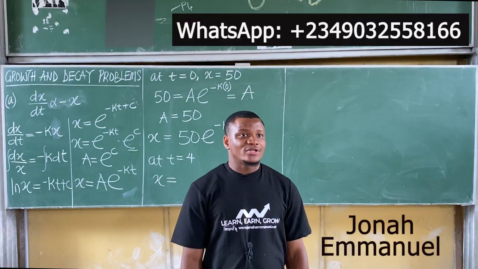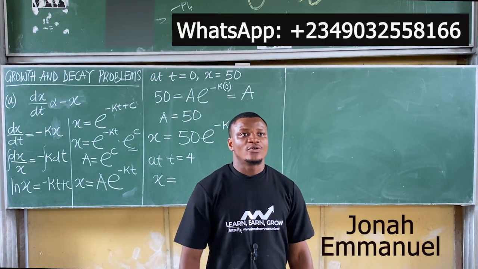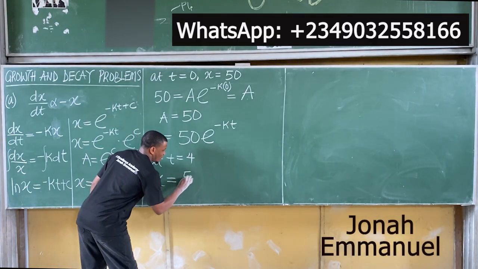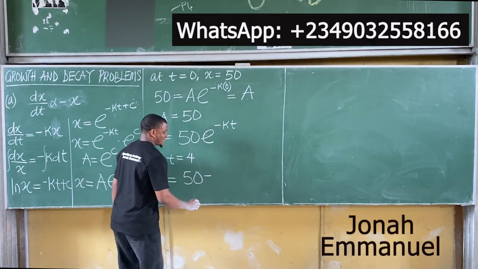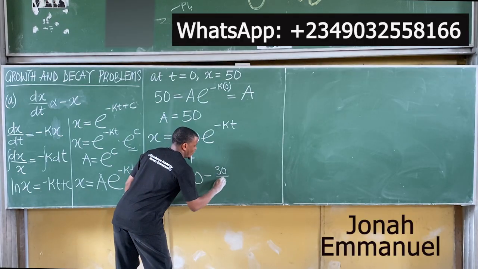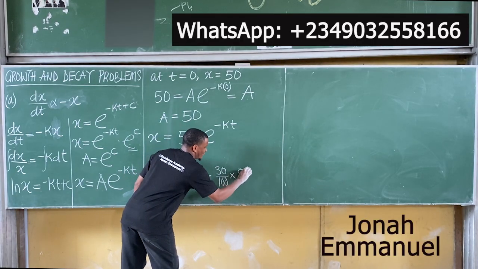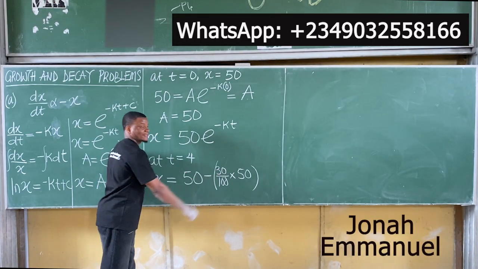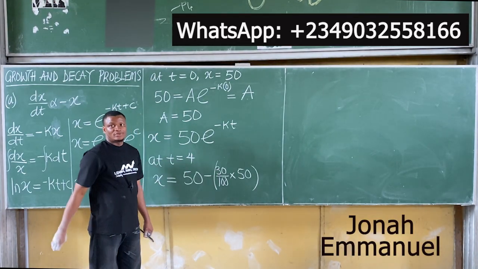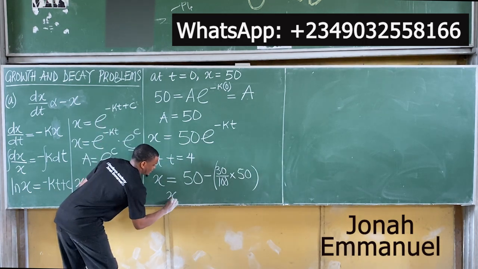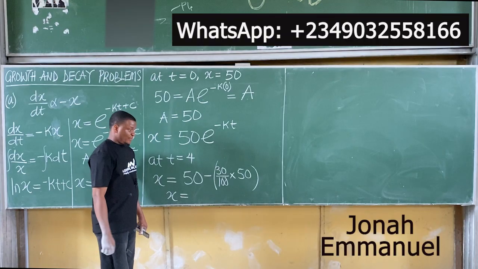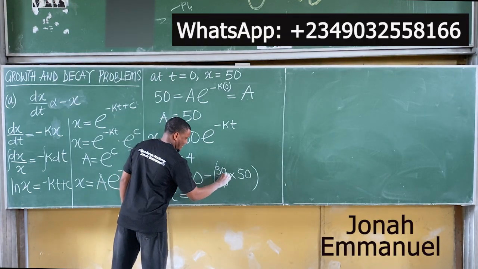This is what happened there. It lost 30% of the original. So how do you get the value? It lost 30%, that's 30 over 100 times the initial, or 0.3 of the original. From here, x is equal to, this cancels, this cancels, this is 15.